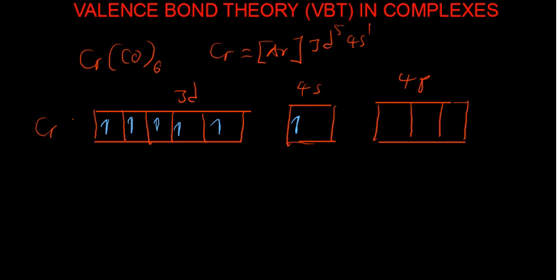So what is going to happen is the electrons are going to be pushed because we are reacting with a strong ligand. So this electron which is here is going to come and pair up with this one. This electron here is going to come and pair up with this one. This electron here is going to come and pair up with that one. So what you are going to have is these 2 orbitals and this one empty. Those electrons are going to come here instead.